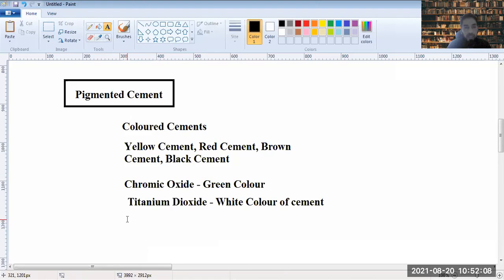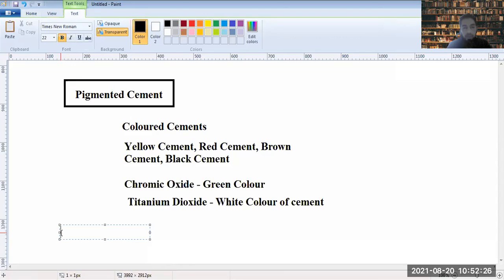Then you would have different combinations and additions so as to obtain the yellow and the red and the black and the brown colors. So that comes from the combination of these products. I'm not totally aware of what else you add to obtain those colors. Please go through them.